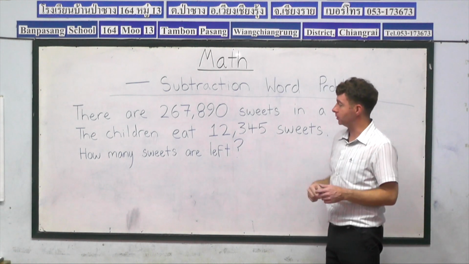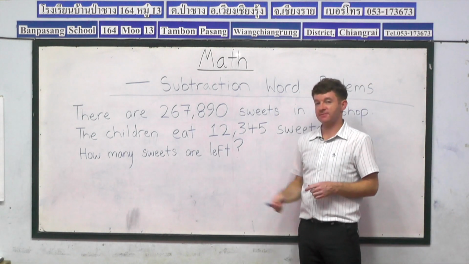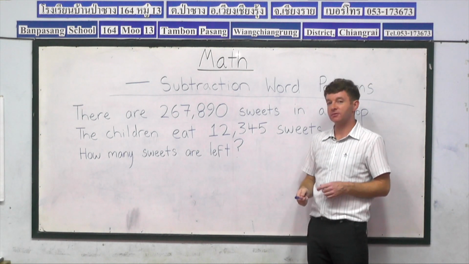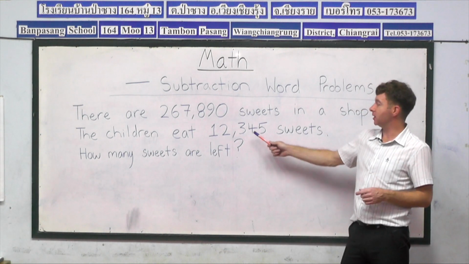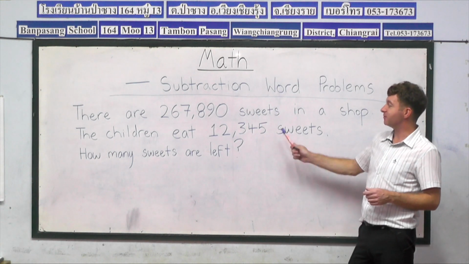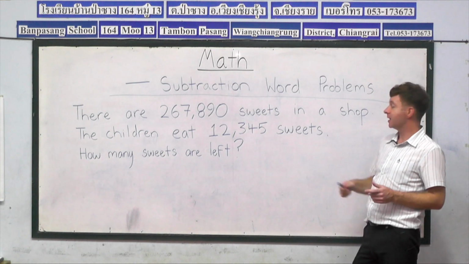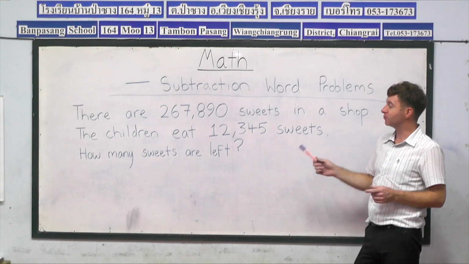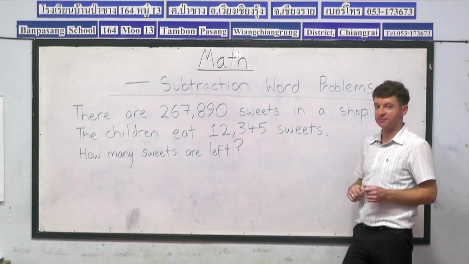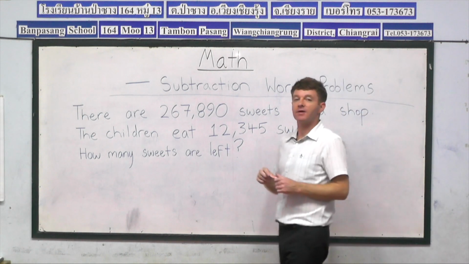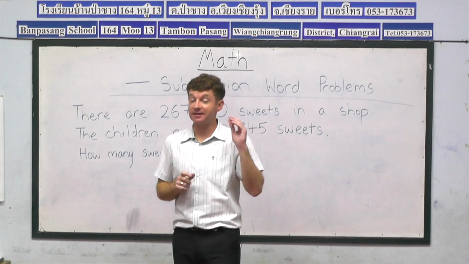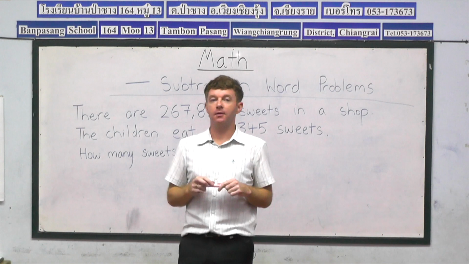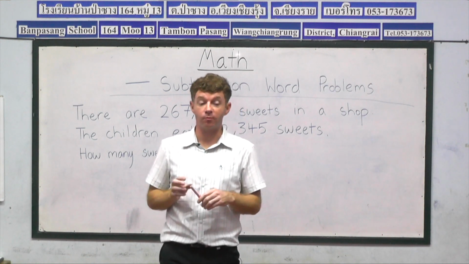The children eat 12,345 sweets. How many sweets are left? So now let's invite a student forward to correctly demonstrate how to answer our subtraction word problem.